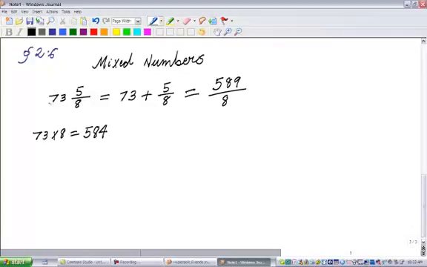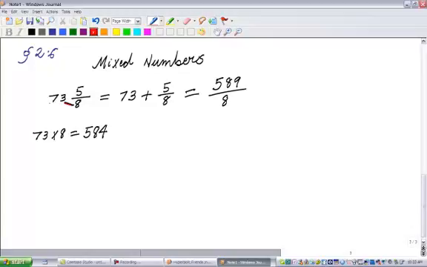You multiply these two numbers and then you add 5. You multiply 73 and 8, you add 5. That's the meaning of this notation, okay? Is that making sense? The meaning of 73 and 5/8.